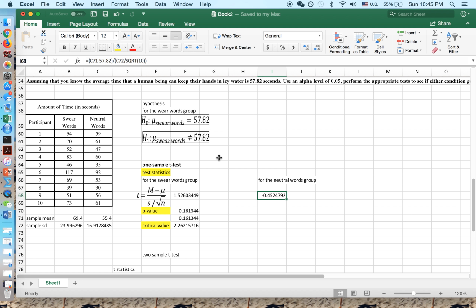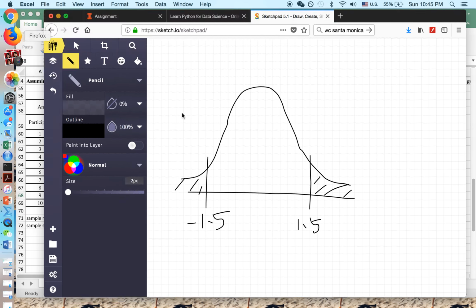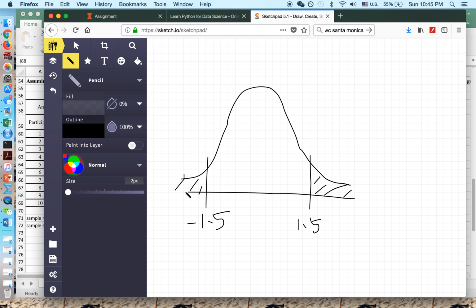And my t value should be minus 0.45. So this t value is somewhere here, right?